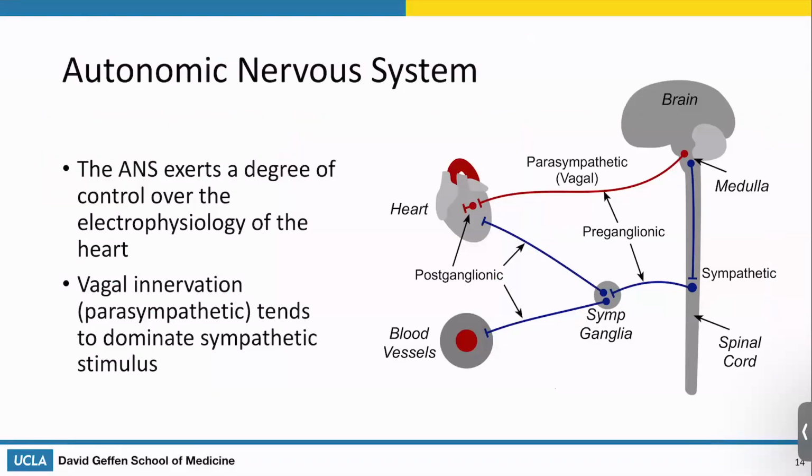Let's talk about our nervous system innervation. So we're going to have an autonomic nervous system interaction that can have some degree of control over the electrophysiology of the heart. The parasympathetic system tends to be dominant over the sympathetic nervous system, but your vagal stimulation going over here to the AV node can come into play and actually slow that conduction down, or your sympathetic system can come in and actually speed it up.